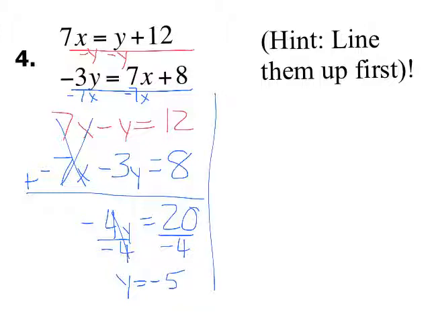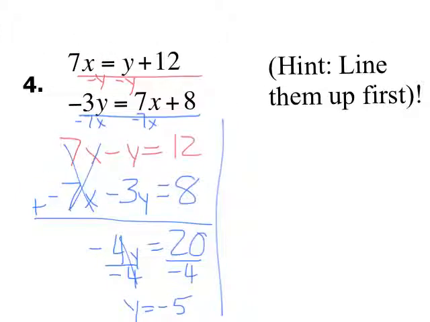And then, of course, I have to find my x. Sydney, which one do you want to use? Top? All right. And you can honestly use this equation, or this equation, or this equation, or this equation. Any of the original equations before you started eliminating, you can use any of those. So were you talking about the top? Yeah, that's fine. All right.